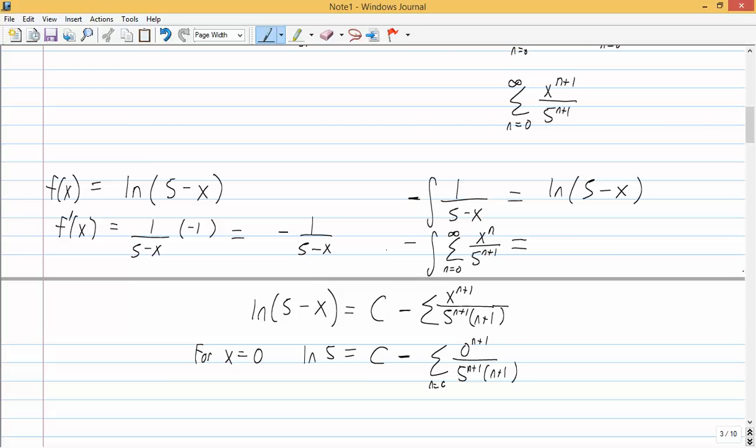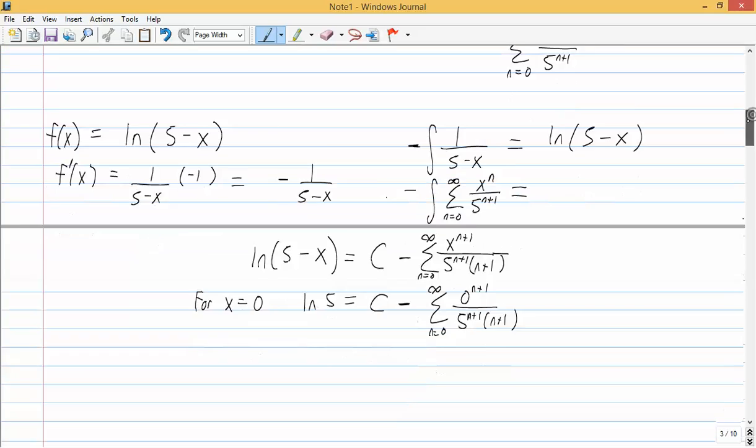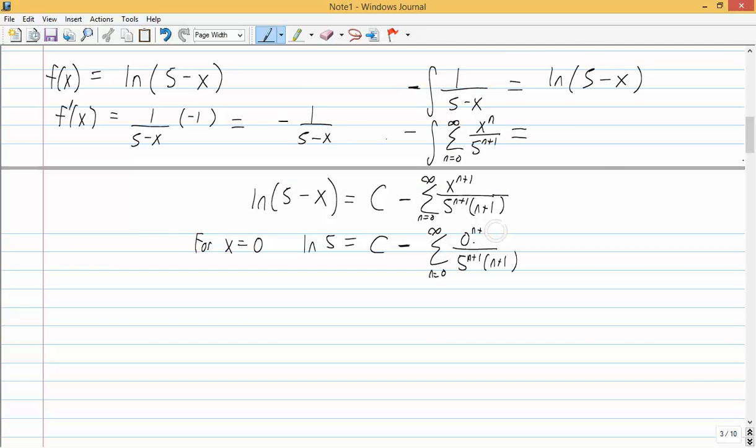Alright, and so it doesn't matter what the bottom is equal to. What's the top always going to be equal to? 0. So this will go away, and we solve for c. We find our constant of integration is just the natural log of 5.